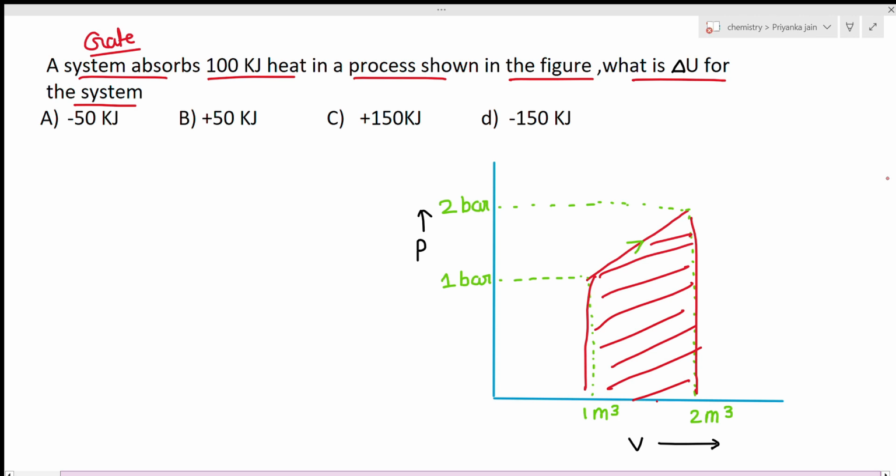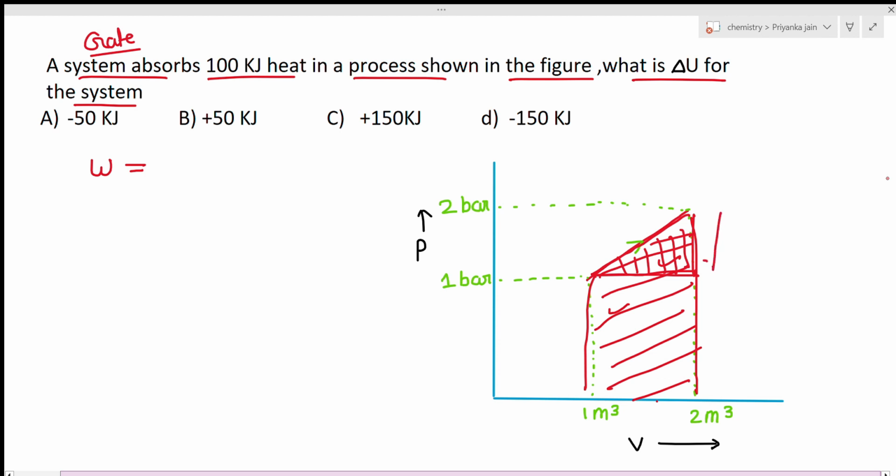So W will be equal to this area plus this area. First see this triangle area. For this you have to use the formula half base into height.